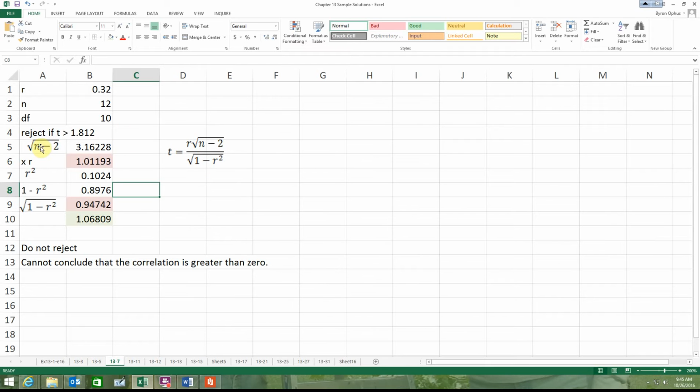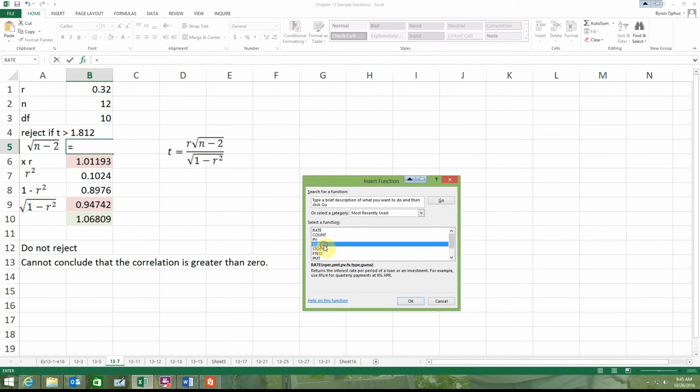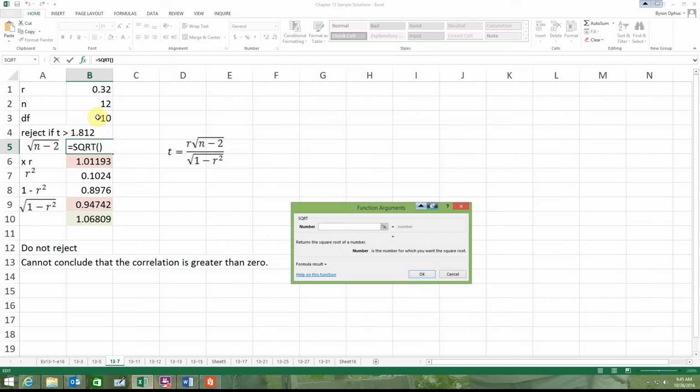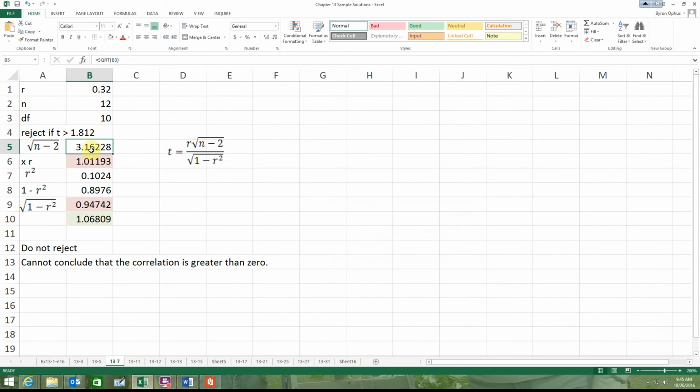So we can just go through those. I do the square root of n minus 2, which is really our degrees of freedom, right? So all I have to do is take the square root of the degrees of freedom, and then multiply times r.